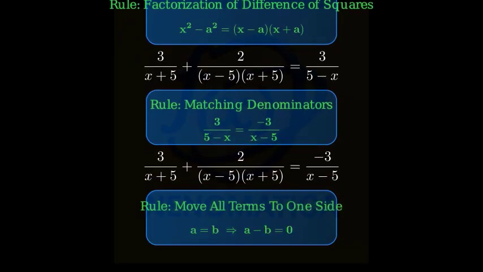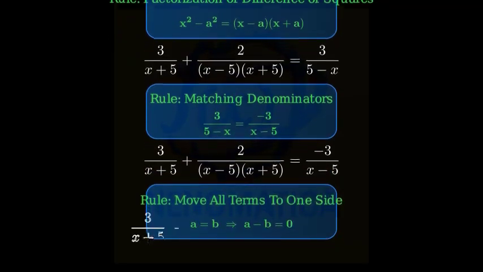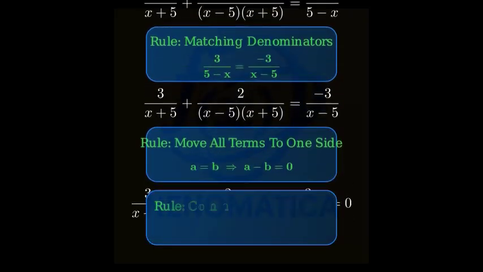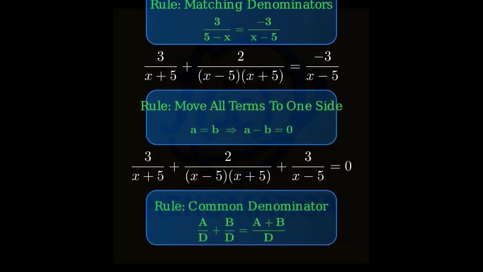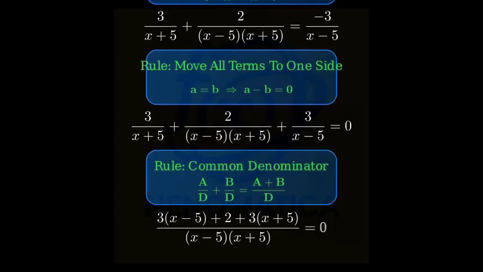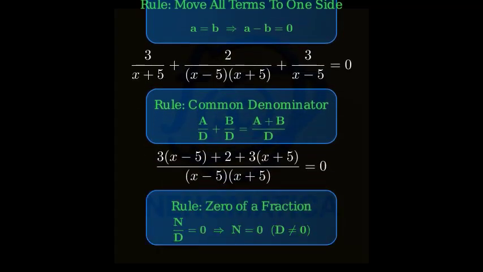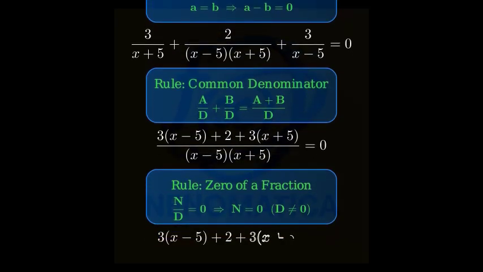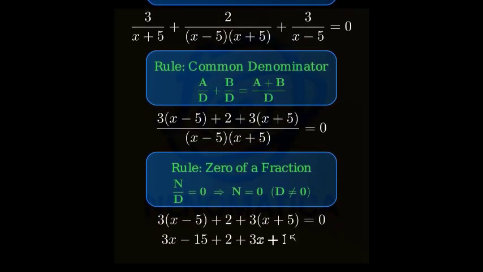Step 4. Combine the three fractions over the common denominator x minus 5 times x plus 5. Step 5. A fraction equals 0 only if its numerator equals 0. Step 6. Expand and simplify the numerator. 3x minus 15 plus 2 plus 3x plus 15 equals 0, which simplifies to 6x plus 2 equals 0.